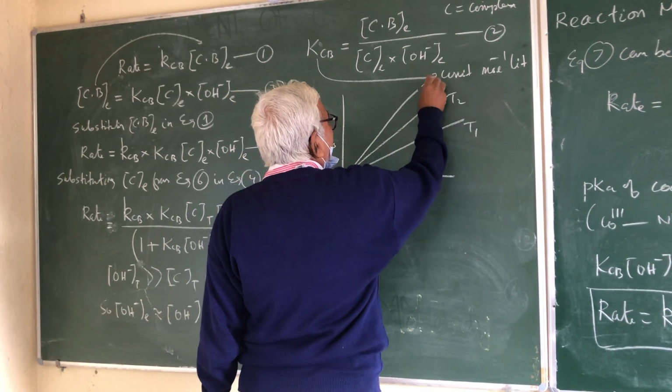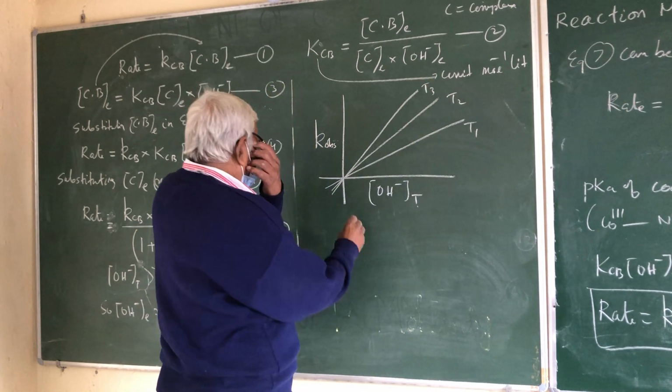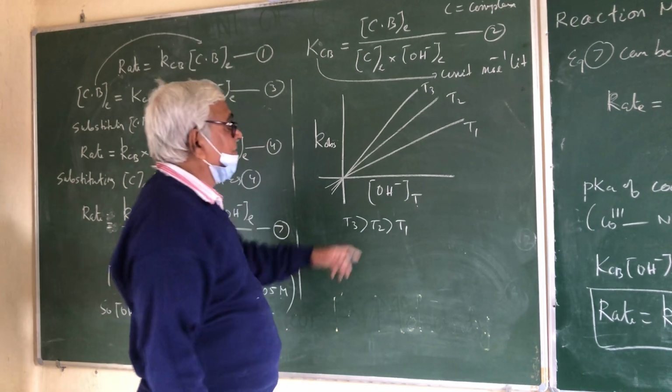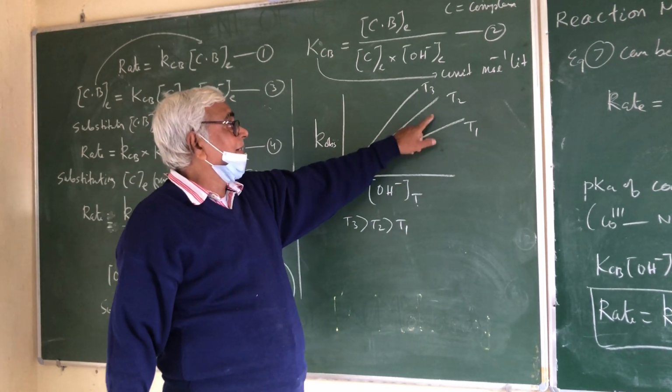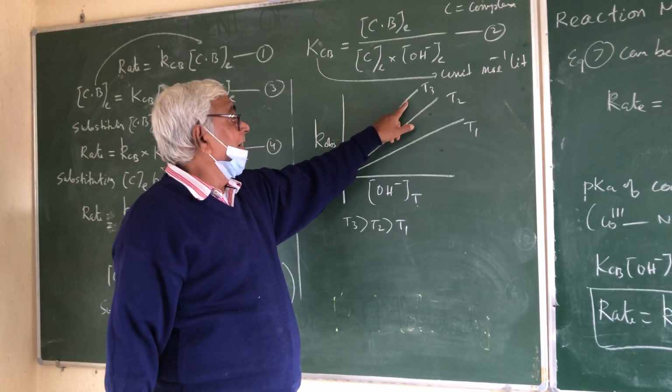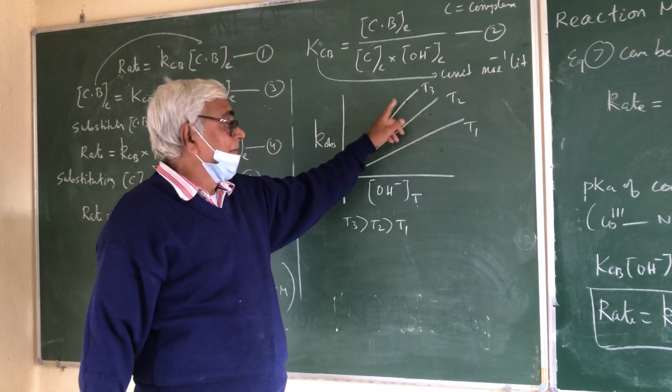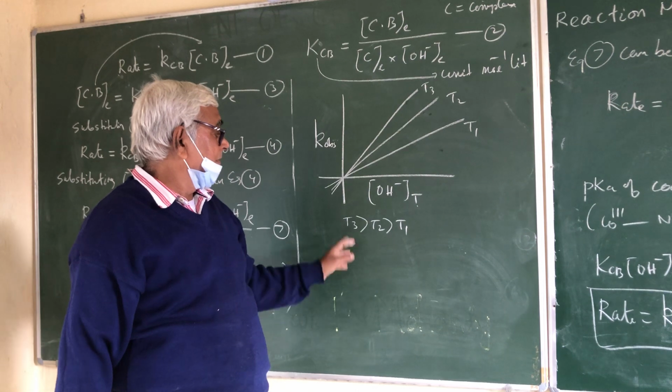T1, T2, T3. T3 is greater than T2 is greater than T1. So the second order rate constant here will be greater than this. This will be higher. So this will be the nature of the plot.